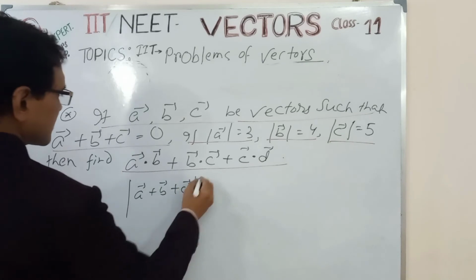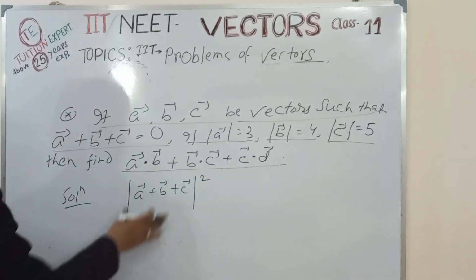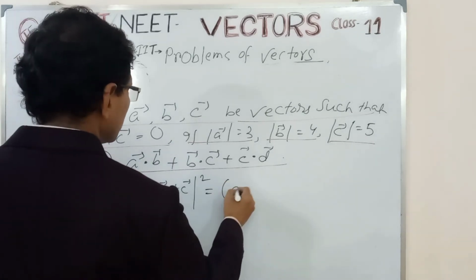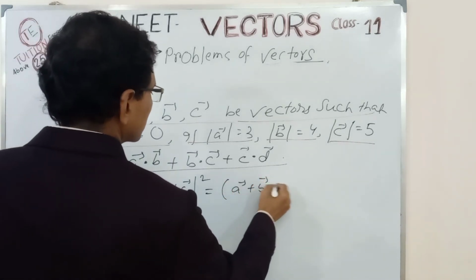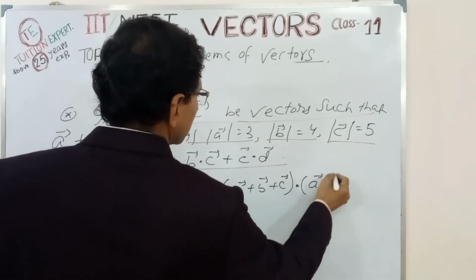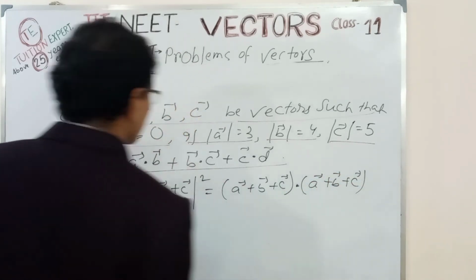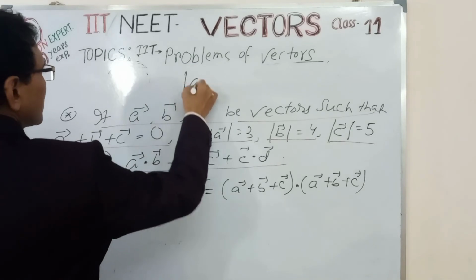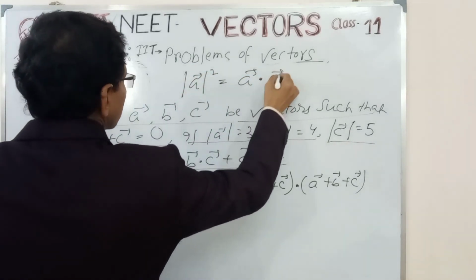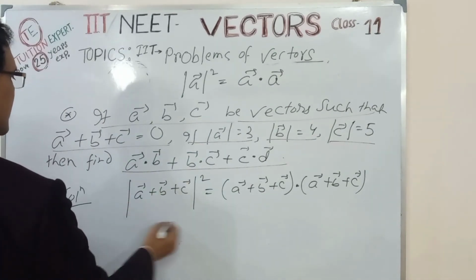We take the mod of this and square. This means this dot this. We know mod A square equal to A vector dot A vector. So take this as a single vector.